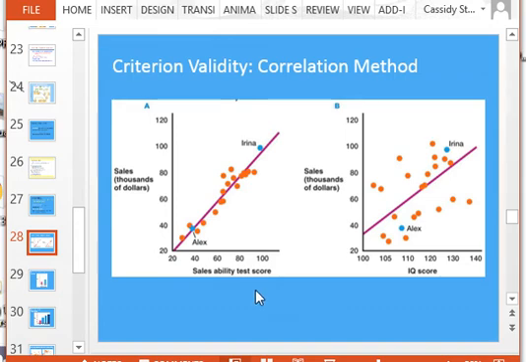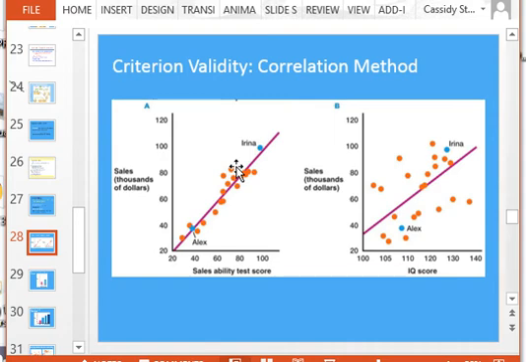So if a person scores highly here on the sales ability test, then if our test is correct and it's actually measuring whether people will be good salespeople, we should also see that later they are selling more stuff.